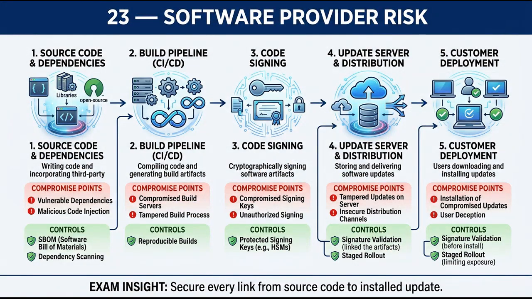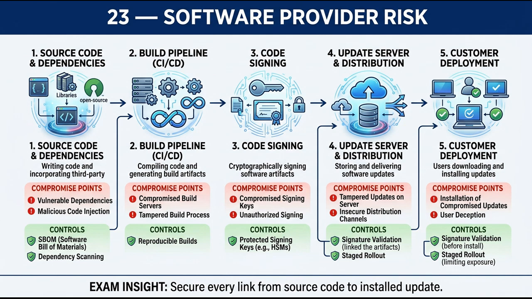Software provider risk spans the path from source code to the installed update. Attackers may compromise a developer account, third-party library, source repository, build runner, signing key, package registry, update server, or distribution network. The final software can appear legitimate because it comes through a trusted process. A software bill of materials helps identify included components when a dependency becomes vulnerable.